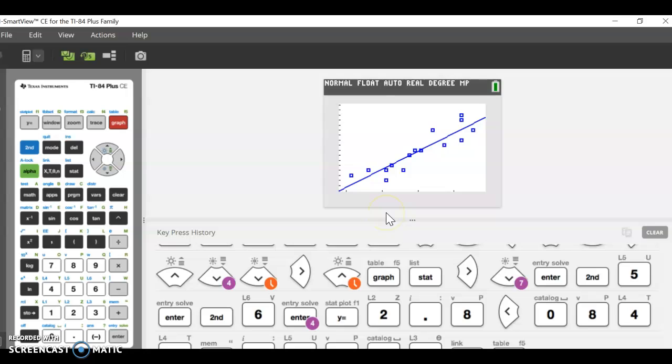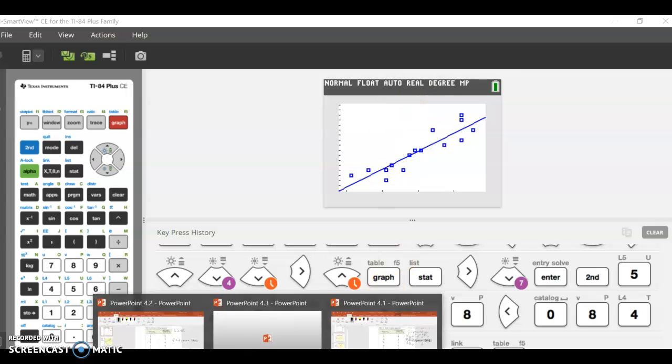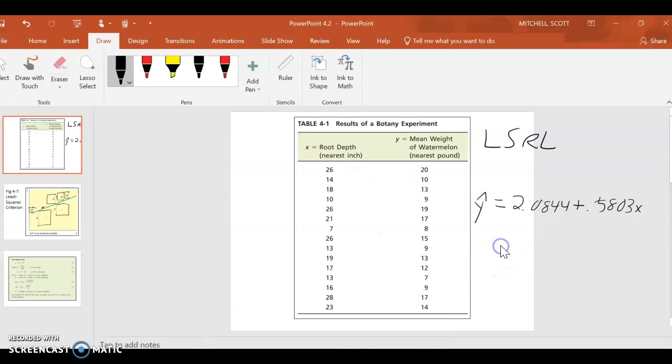All right, we call it the least squares regression line because it is based on a calculation. The line of best fit came from algebra or even pre-algebra, where you just kind of eyeballed it and said, it looks like it's good through there. One of the points that it does go through that we could find, let's come back to our PowerPoint and put a note on here.